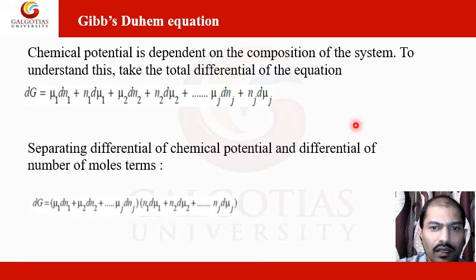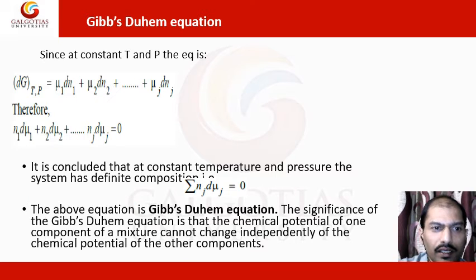Further, if we see this equation, at constant temperature and pressure the equation will take a different shape. Here we are taking temperature and pressure as constant. So dG will be mu1 dN1 plus mu2 dN2 plus mu j dNj.